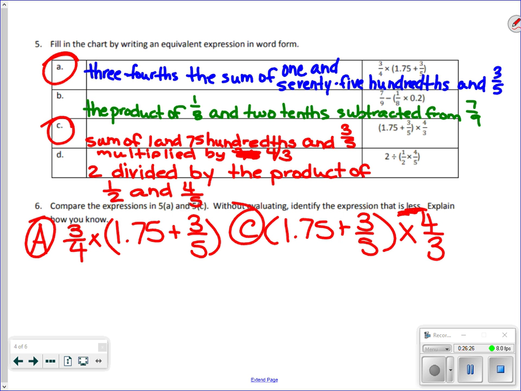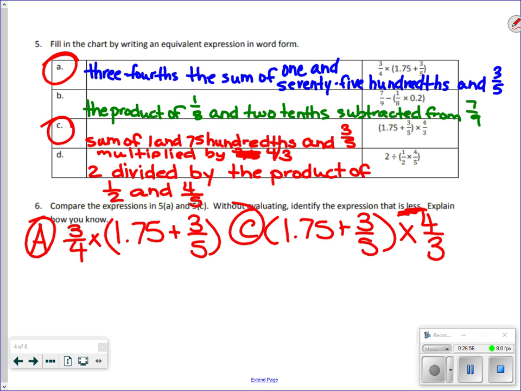I only read that problem 3 times. Why? Would you stop, please? I cannot hear. My word, Tamaya. Go ahead, Tamaya.